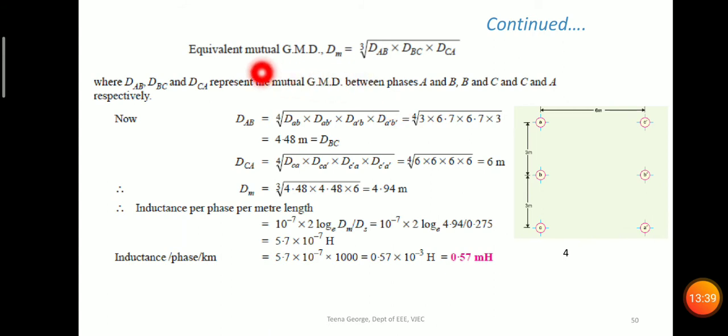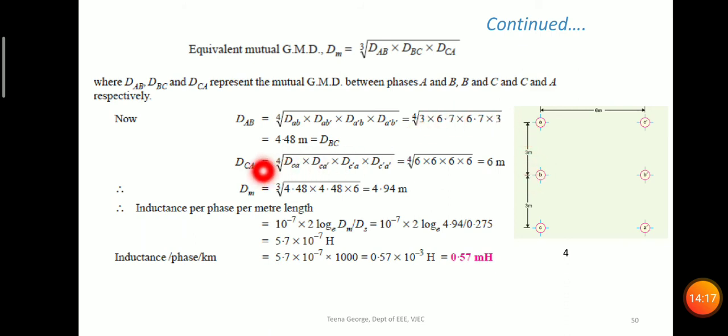Now we can find the mutual GMD, DM, that is the cube root of DAB into DBC into DCA. DAB is the fourth root of DAB, DAB dash, DA dash B and DA dash B dash. The distance between A and B is 3, A and B dash is 6.7 as we found earlier, A dash and B is 6.7, and A dash and B dash is 3.